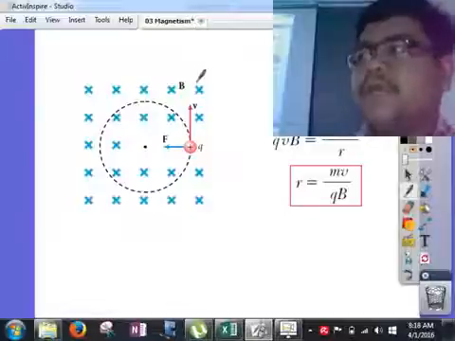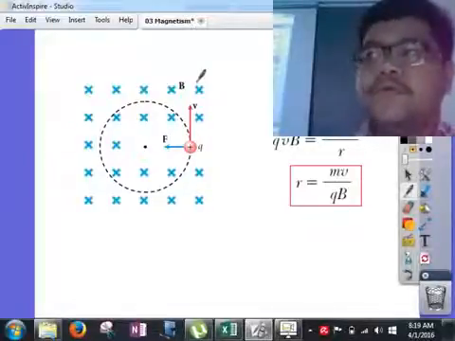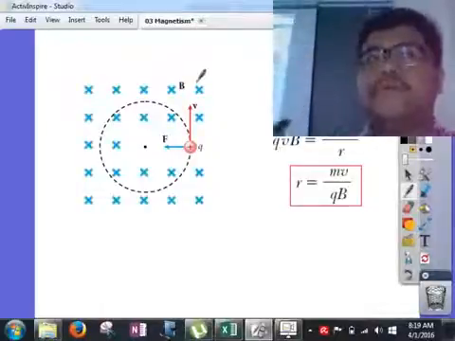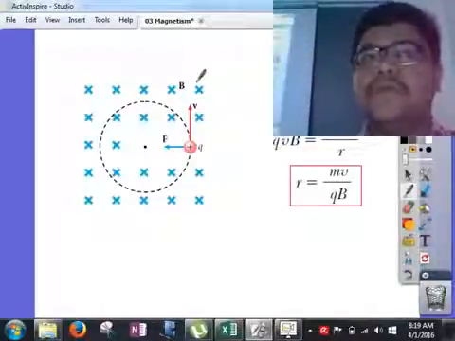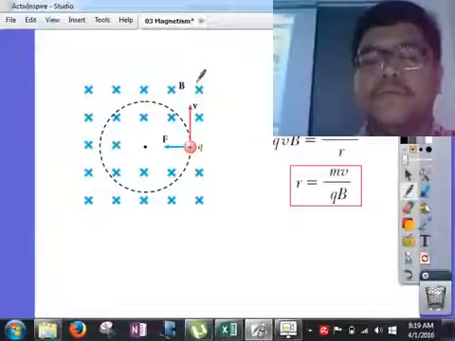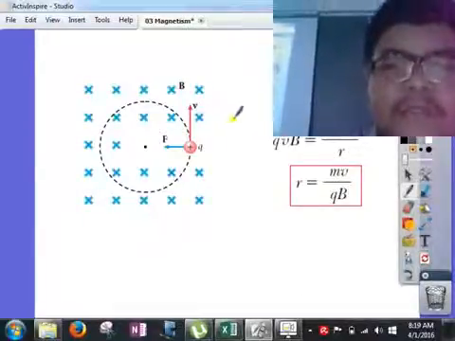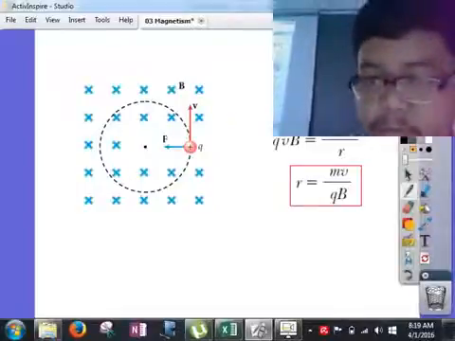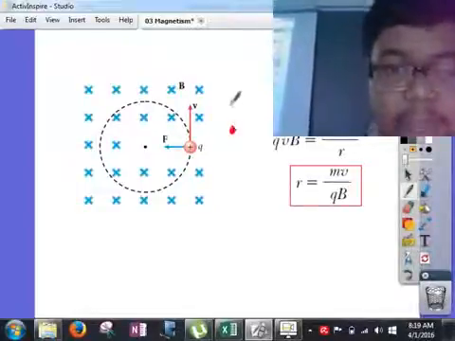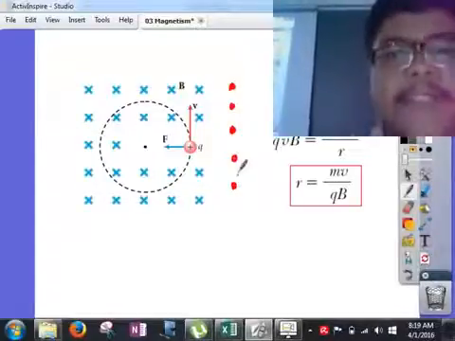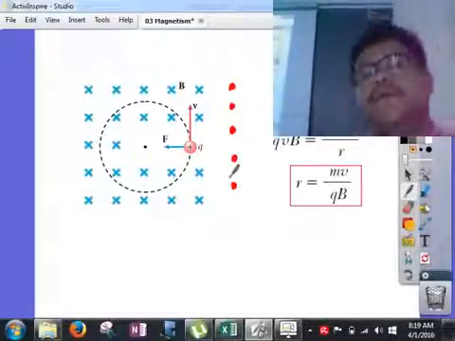Cross means menjauh, it's like the back of an arrow. Kalau mendekat itu berarti ke positifnya itu. This one dot means going to our direction, to us.